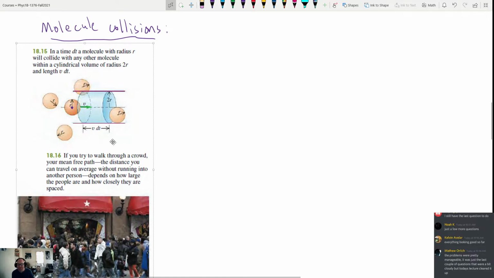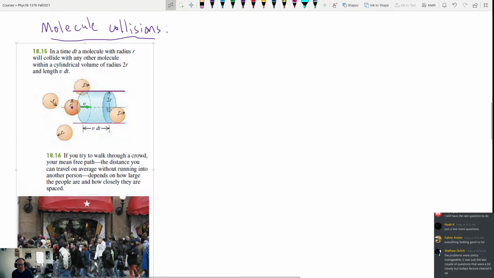Focusing just on this, this molecule in some time interval that we call dt, which is arbitrary. It could be 10 seconds, a millisecond, or a nanosecond. It just means a time interval. The distance that molecule travels would be v dt, and we're going to assume that it would collide with any molecule inside of a volume that has a radius of 2r.